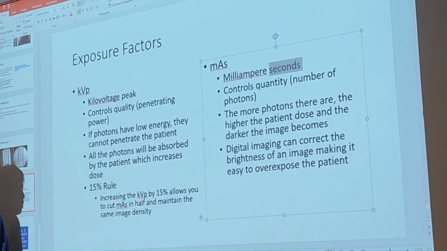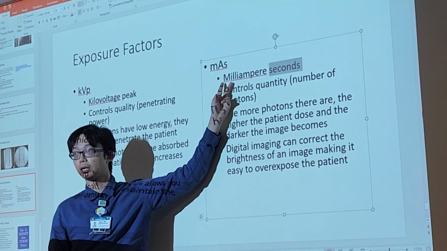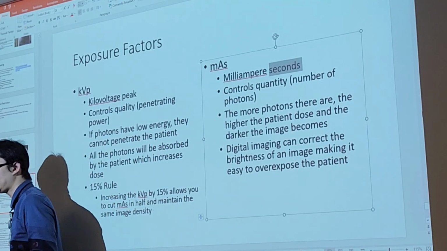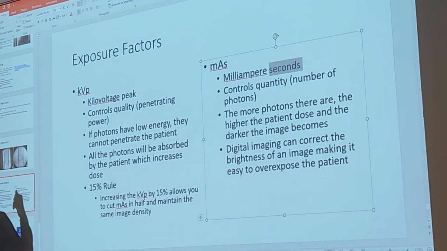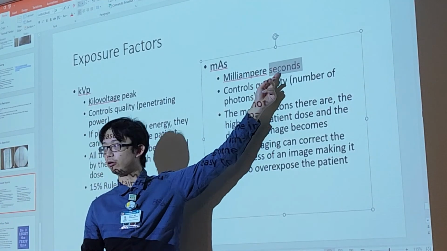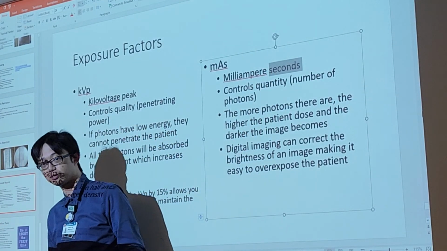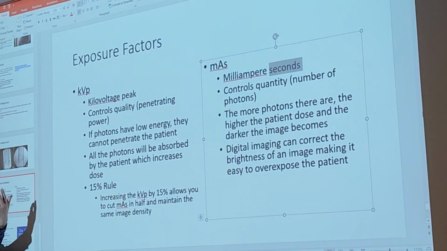That is the same thing going on here with mass. MA, your milliamperes, involves how many X-rays are going to be produced each second, and your seconds tells you how long you're going to be producing X-rays for. So you combine those two together and you get the total number of X-rays.